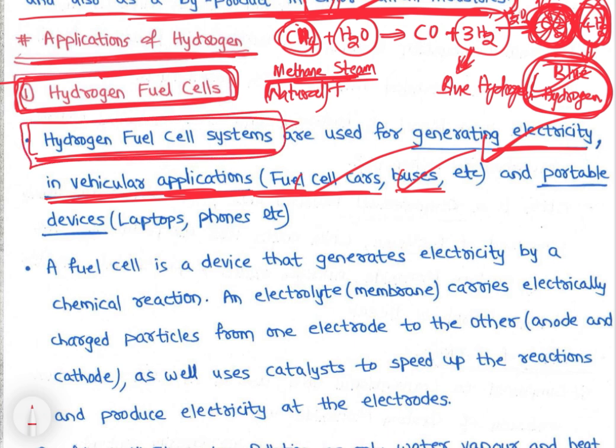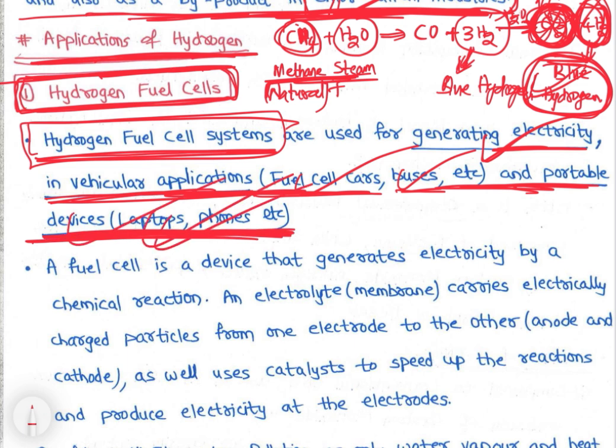Then hydrogen fuel cells in portable devices, laptops or phones. Hydrogen fuel cells can be used in big cars, buses, and small devices also. Now let's see a video. You will get clarity on hydrogen fuel cells and how they work.